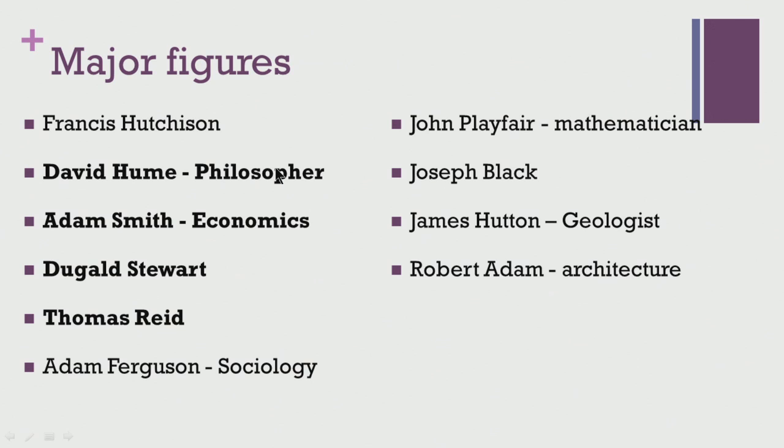This is not an extensive consolidated list, but we have listed certain prominent names which are also representatives of particular disciplines. Francis Hutcheson, who was a philosopher, David Hume, Adam Smith, Dugald Stewart, Thomas Reid, Adam Ferguson, John Playfair, Joseph Black, James Hutton and Robert Adam, who made their contributions in different fields of knowledge such as philosophy, economics, sociology, mathematics, geology and even architecture.